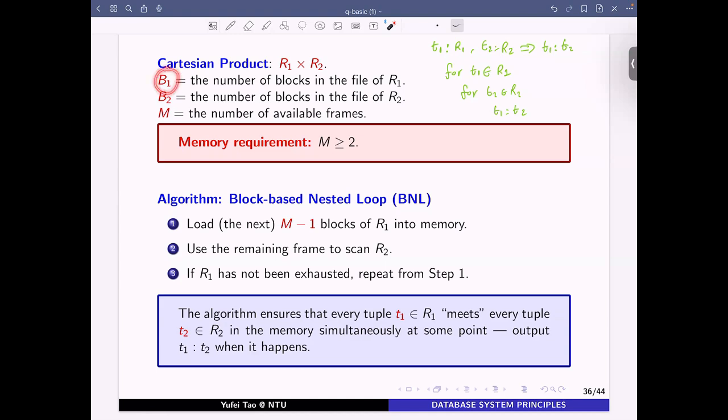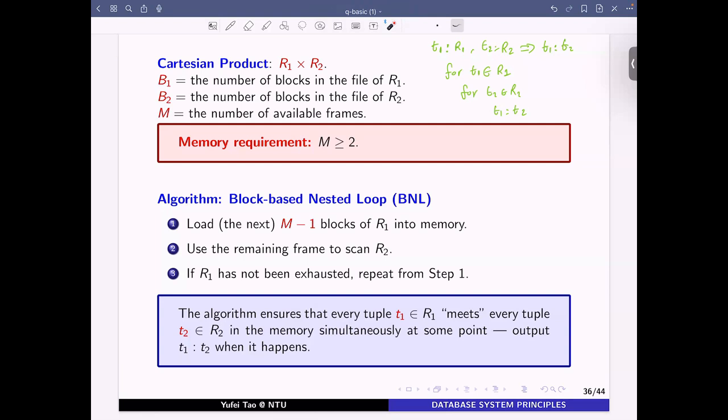First is the number of blocks in R1, that's B1, and then B2, the number of blocks in R2. And here we also need how many memory frames you have in the buffer pool. How many frames can be allocated to this algorithm?